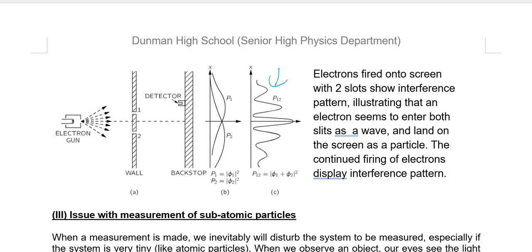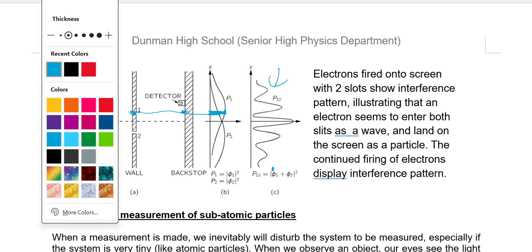This is a bit weird, because if I close slit 2, I get this amount of electrons hitting this position, somewhere near the slit opening. If I close slit 1 and open slit 2, I get, let me try and draw another color.